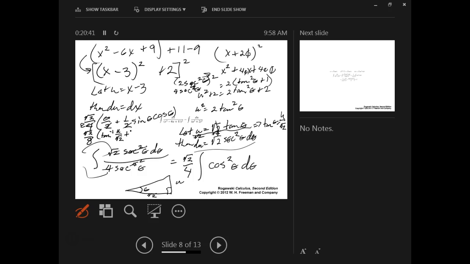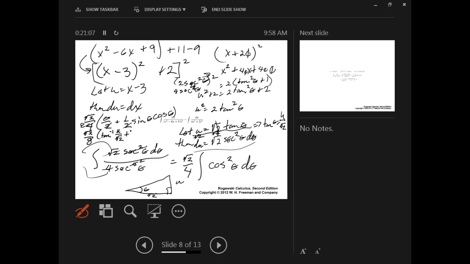Now, I need sine of this angle theta. What is the sine of that angle theta? What's the sine of this angle? That's what we do in the exercise.